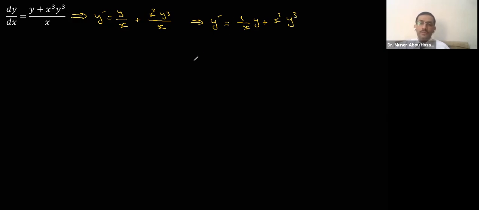What should I do now? Actually, I know it's Bernoulli, so I'm going to move this term. So here, y prime minus 1 over x times y equals x squared y to the power 3.